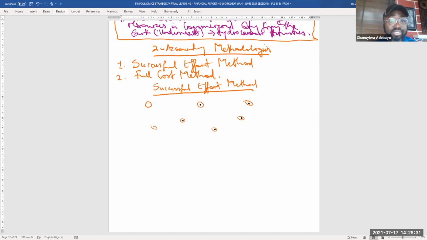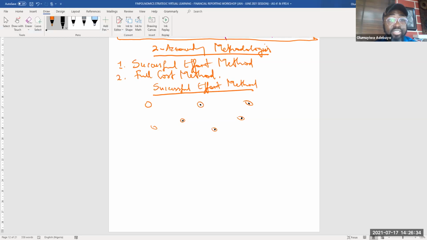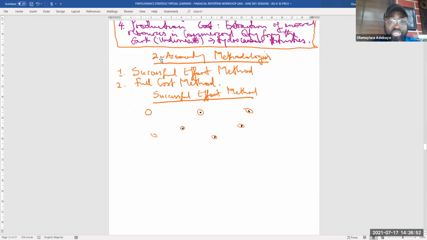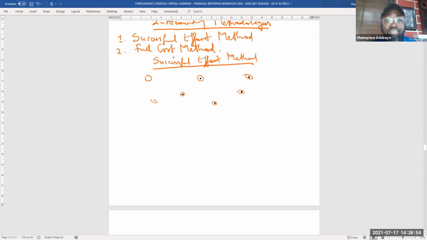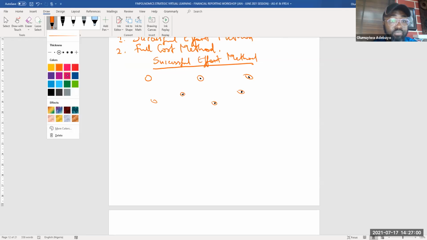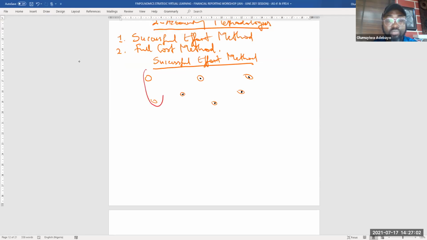Now, the question then is, the expenditure we have recognized under IFRS 6, what are the expenditure? Acquisition costs, not necessarily acquisition cost is for the entire rights. Let me say exploration cost in this case. The exploration cost is such that I've incurred $20 million here.